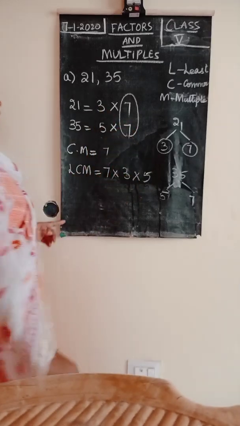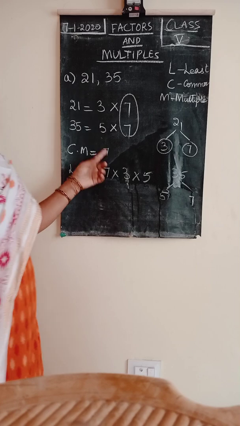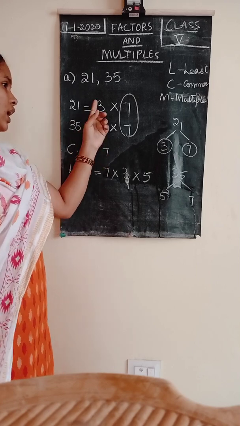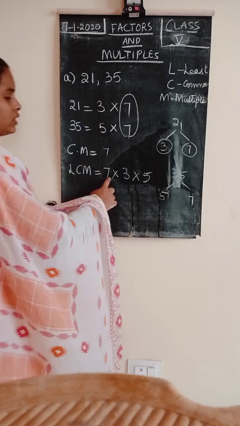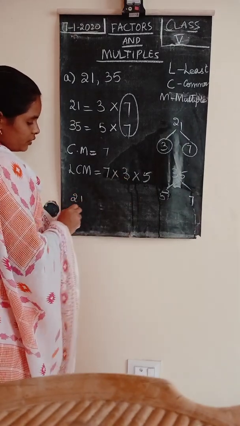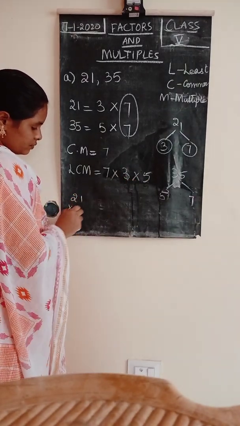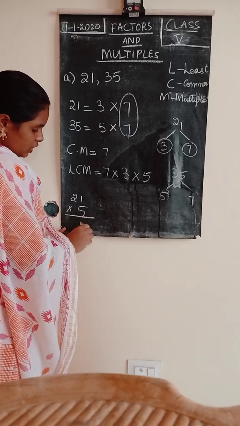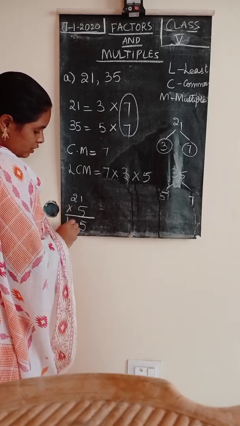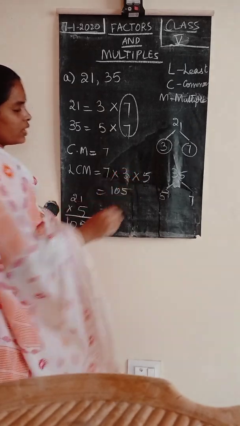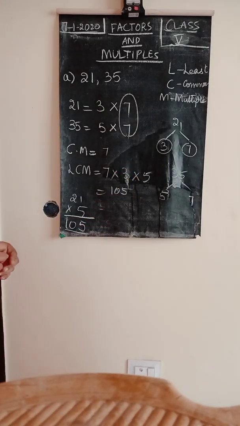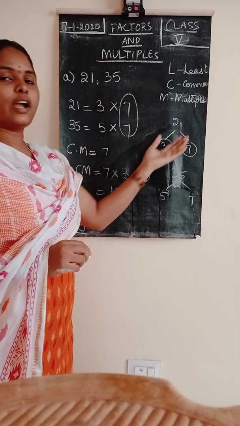Along with 7, you have to write the other numbers which are there in the prime factorization. 7 threes are 21. 21 fives are, 5 ones are 5, 5 twos are 10, so 105 is the LCM. This is using the prime factorization method.